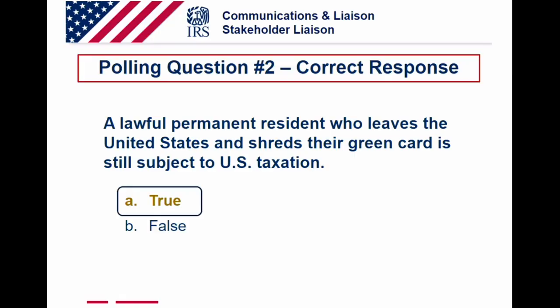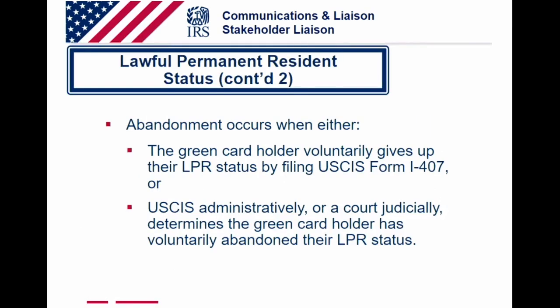Even if a green card holder lives outside the United States, they remain a U.S. resident for tax purposes until they voluntarily turn in their green card and renounce their U.S. immigrant status by signing USCIS Form I-407, or they undertake other acts that result in the rescission of their LPR status.